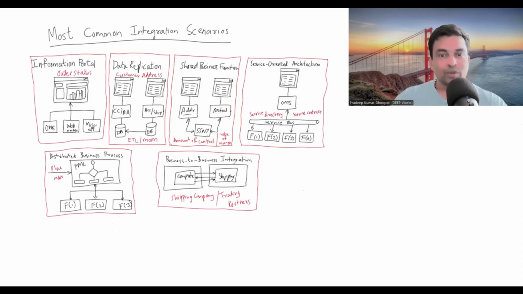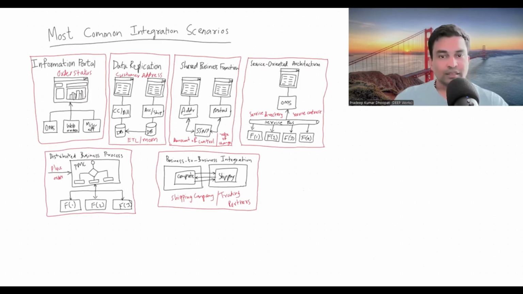And there can be two approaches. One approach is ETL, extract, transform, and load. The other approach is MOM, message-oriented middleware. And which approach to follow will be specific to the situation or the problem that is present in an enterprise.